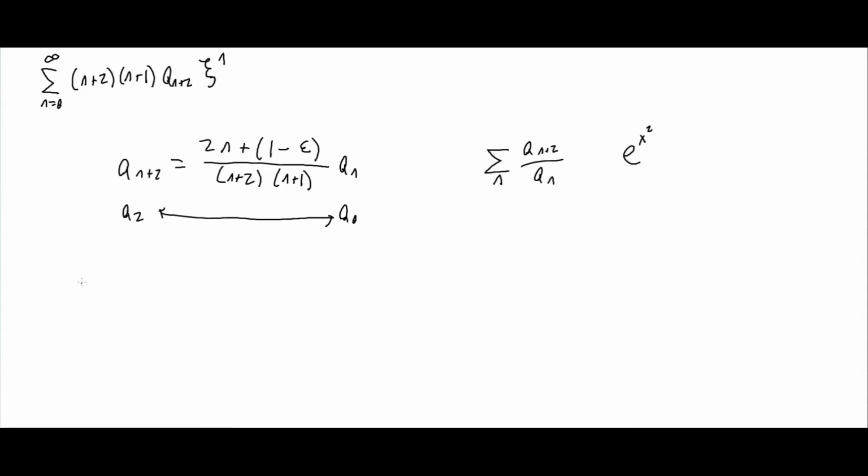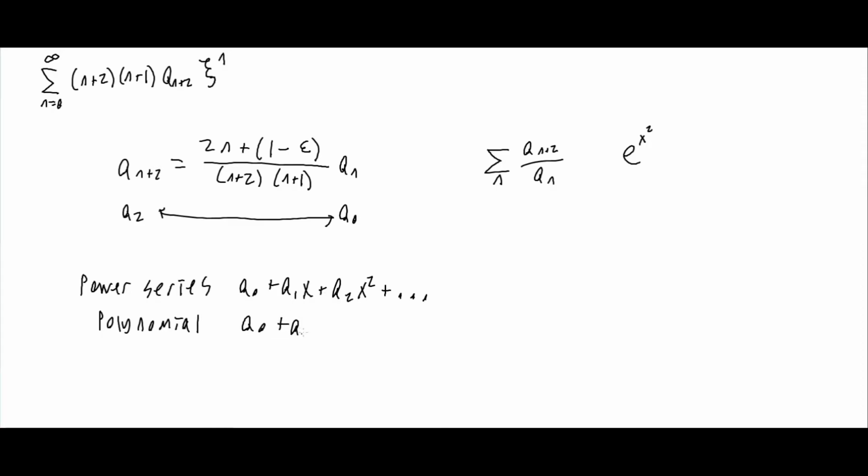So just a reminder, a power series is of the form a naught plus a1x plus a2x squared, going off to infinity, whereas a polynomial is of the form a naught plus a1x plus a2x squared plus, and then it terminates at some a n x to the n.